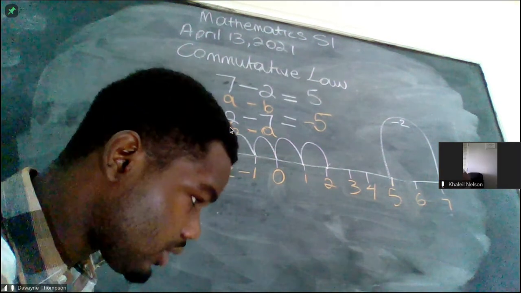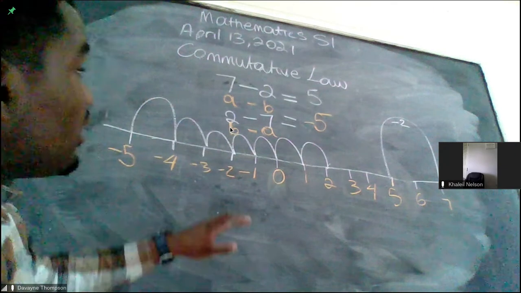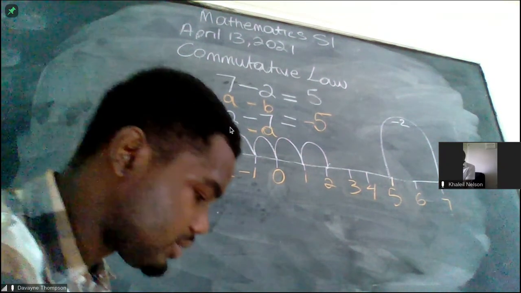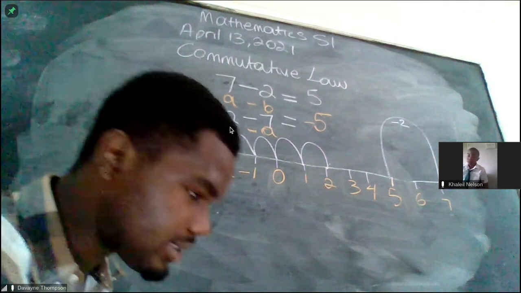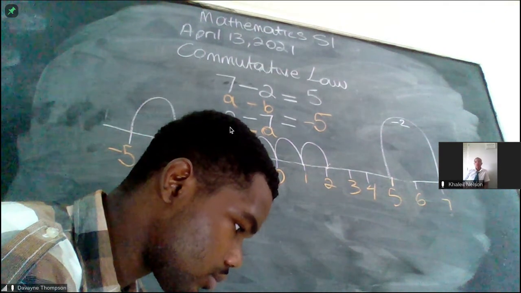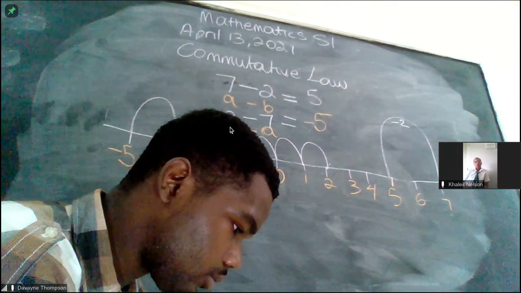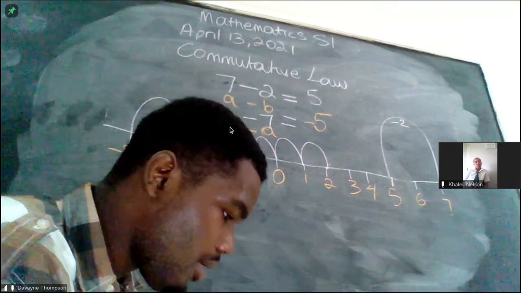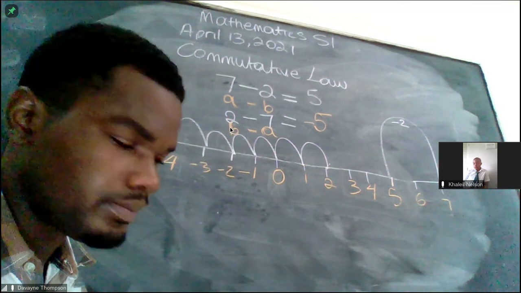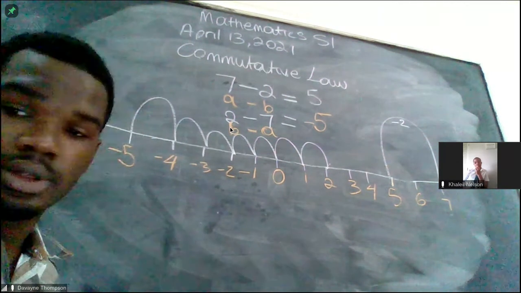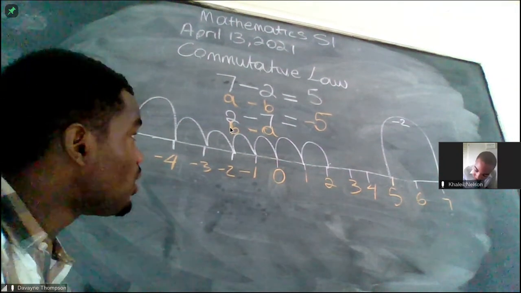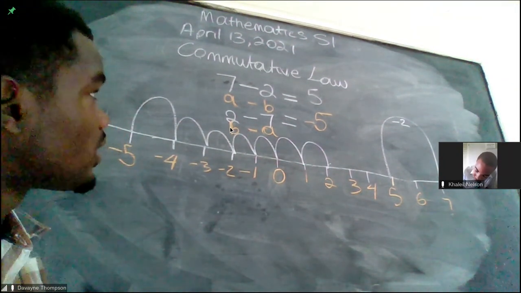So, when we subtract by changing the order of the numbers, can I rub this off the board?